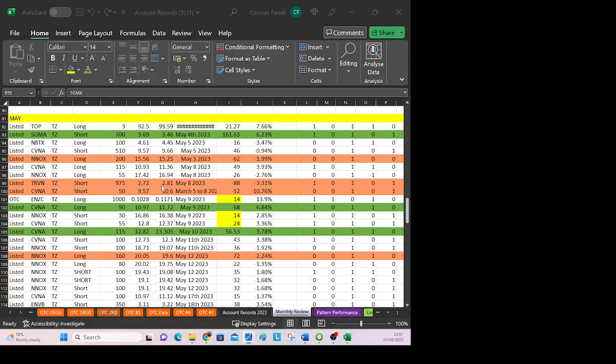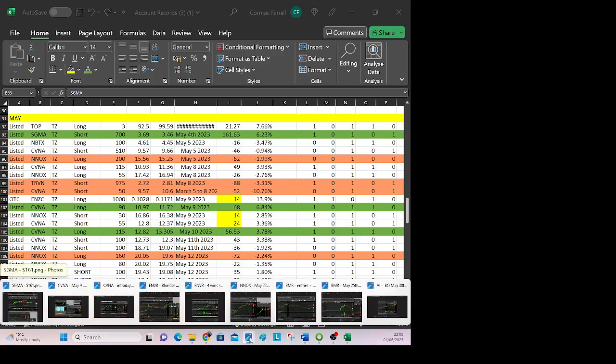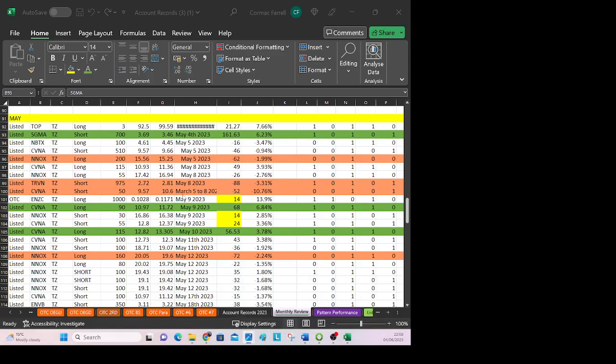So TRVN short minus 88, and don't have that either. CVNA short minus 52. Right, that was on May the, what am I saying, March? That should be May.